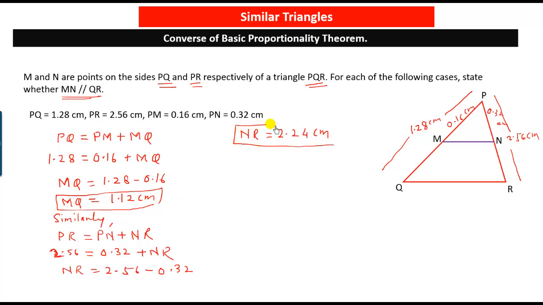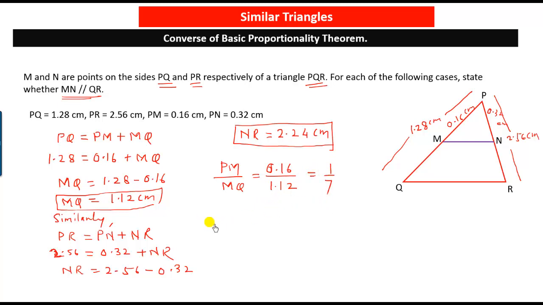Therefore the ratio PM upon MQ is 0.16 upon 1.12, which is equal to 1 by 7.